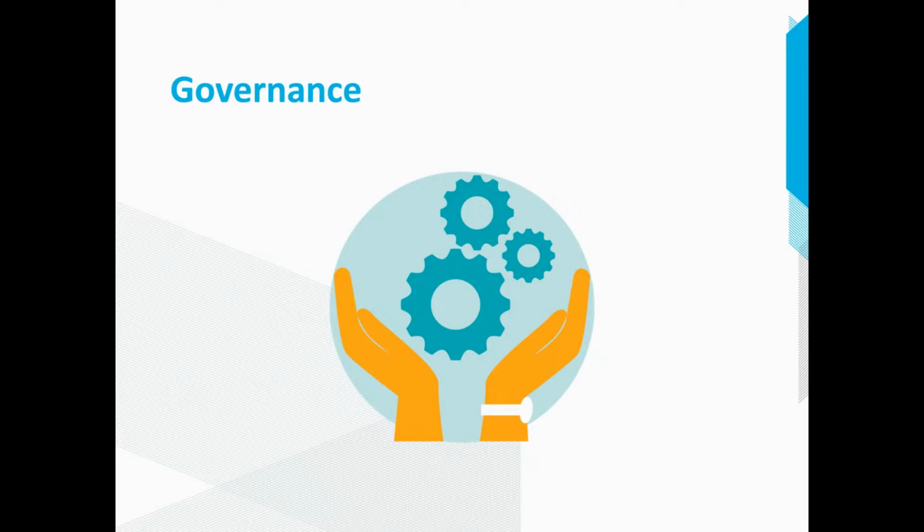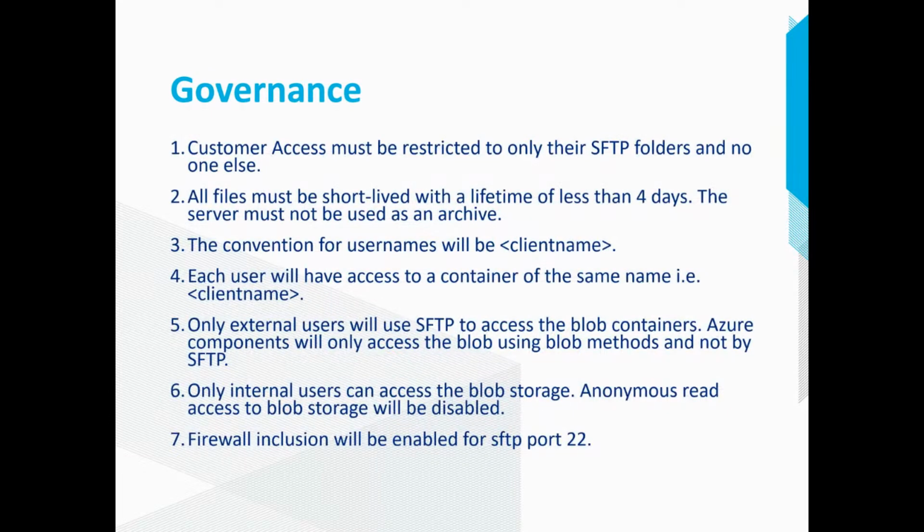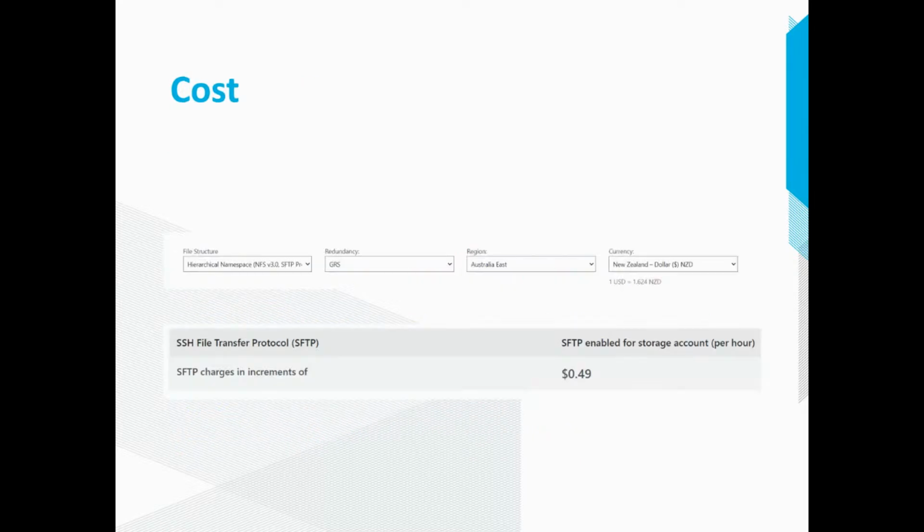And finally, the last thing we said is that firewall inclusions will be enabled for all the connections. This slide just repeats what I've said. If anyone's going to be looking at the slides later on, they've got a point of reference.